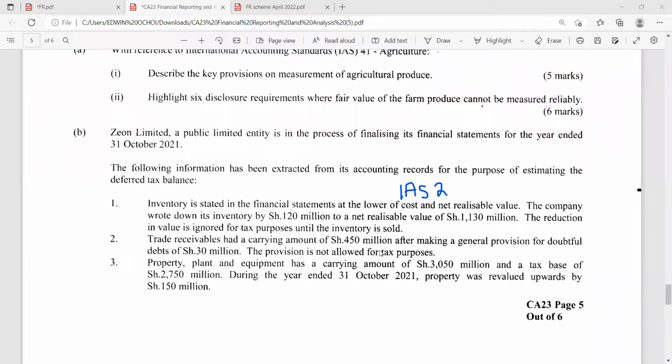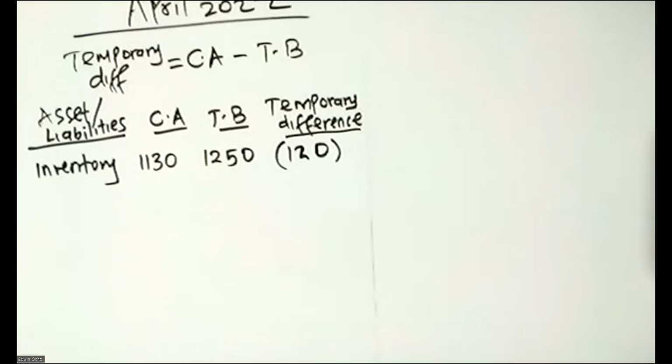The provision is not allowed for tax purposes, which means it's disallowable and is supposed to be added back to the carrying amount to get the tax base. But the carrying amount you are given is 450.